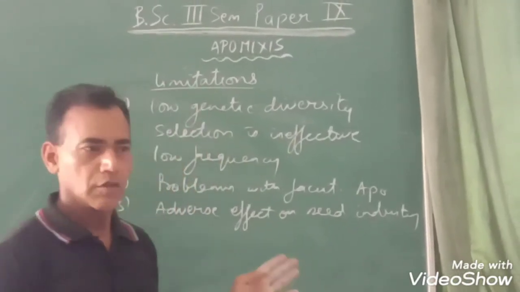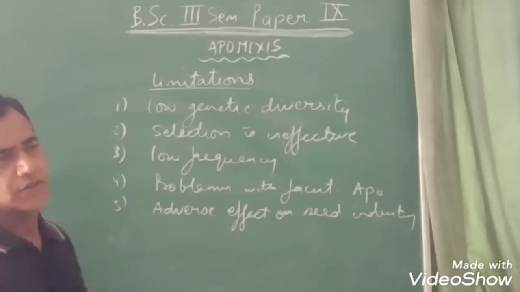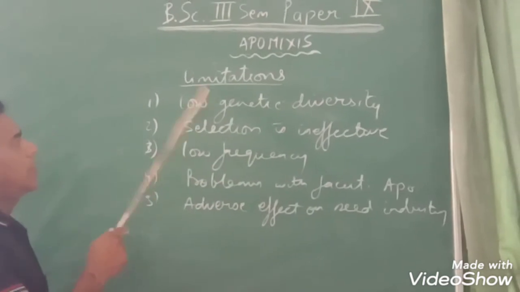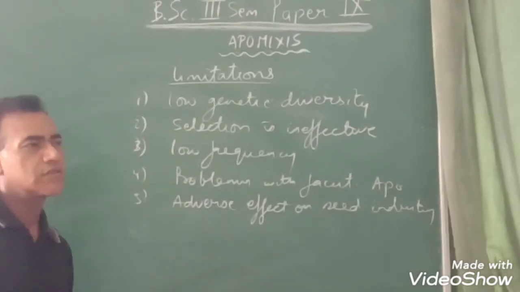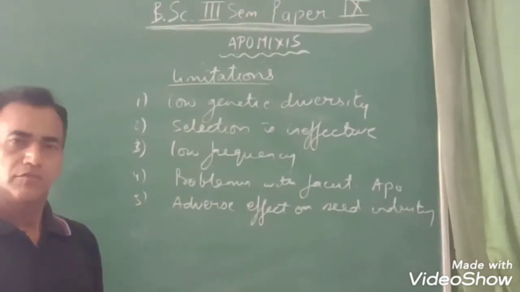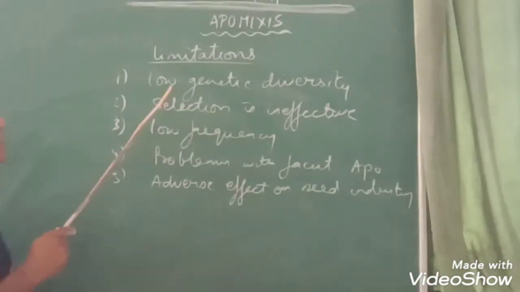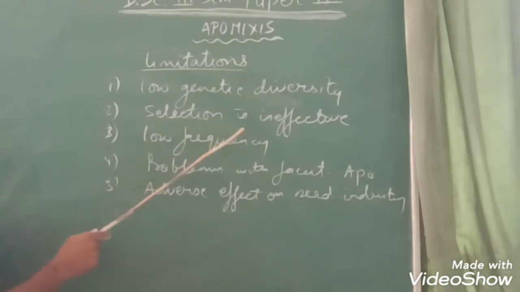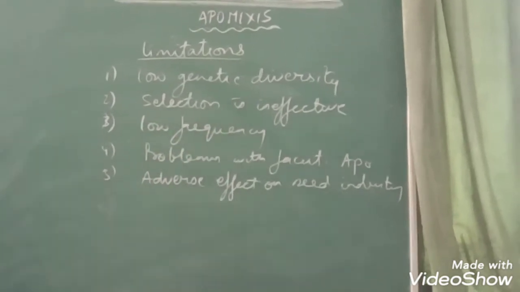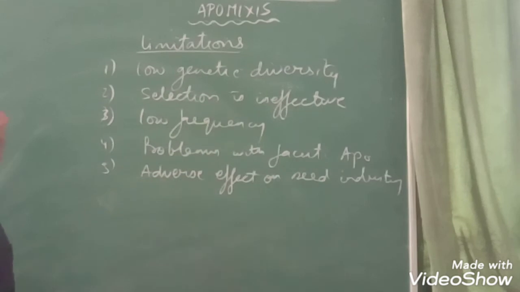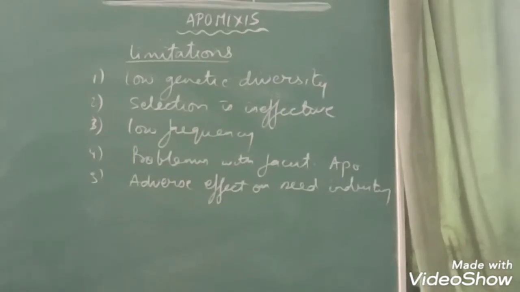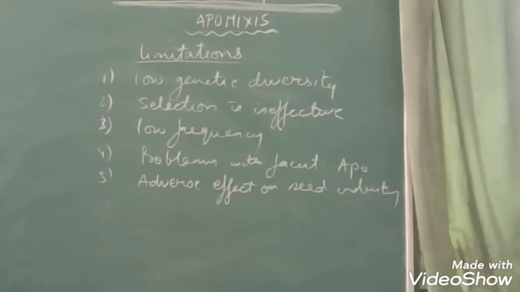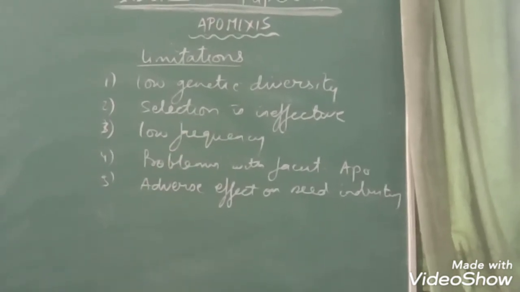After going through all these advantages, there are certain limitations also. Genetic diversity is very low in case of apomixis. The selection becomes ineffective. These are obtained in low frequency and thus are available in limited crop plants.